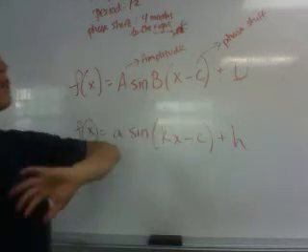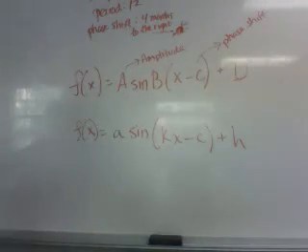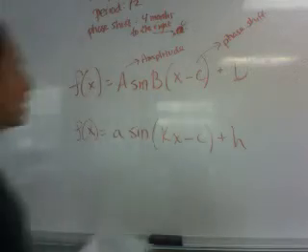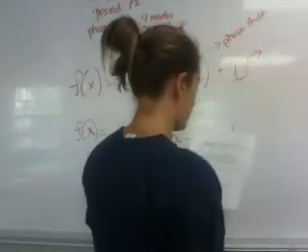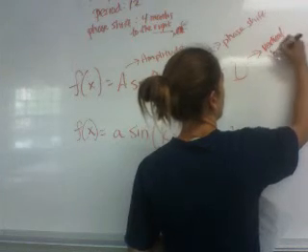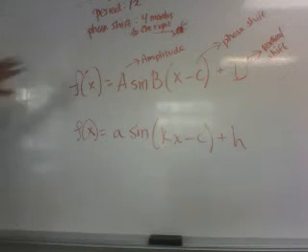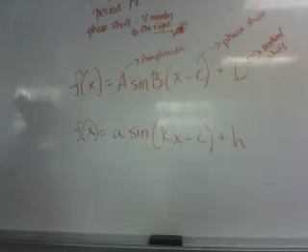If it's a negative number and you plug it in, the sign's going to change to positive. So keep that in mind, it's going to be opposite. And then this D represents vertical shift. Okay. So we're going to look at our graph, and we're going to look at this information up here, and we're going to figure out what's going on here.